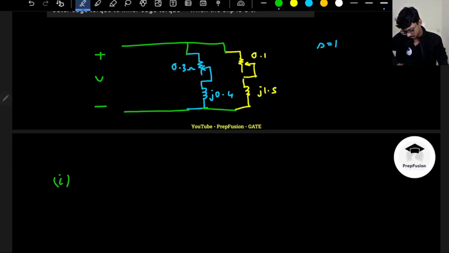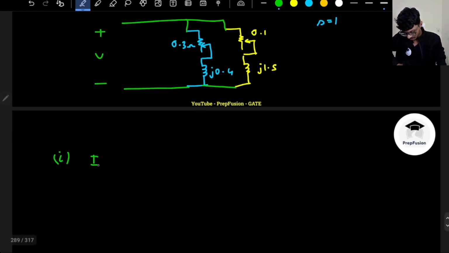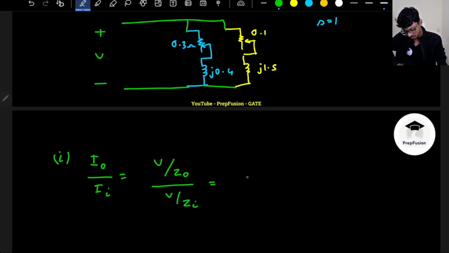So at standstill, what will be the current in the outer cage compared to the inner cage? Basically it will be voltage divided by the impedance of the outer cage, divided by voltage divided by the impedance of the inner cage. So this will be equal to magnitude of Zi upon magnitude of Zo. What is the magnitude of Zi?